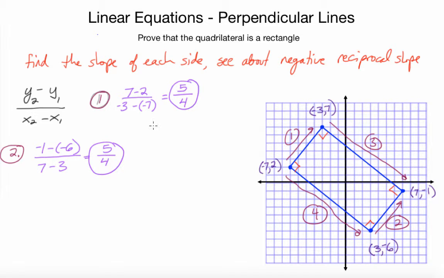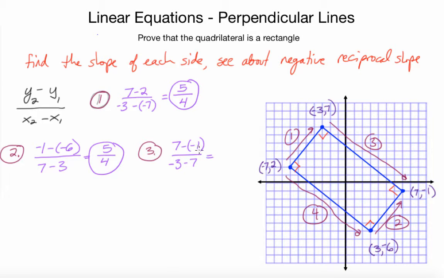Let's keep moving along. Let's do the slope of side number 3 now. So that's this one right here. We're going to subtract these two, find the change between those 2 points. So let's do 7 minus -1, my change in y values, divided by -3 minus 7.